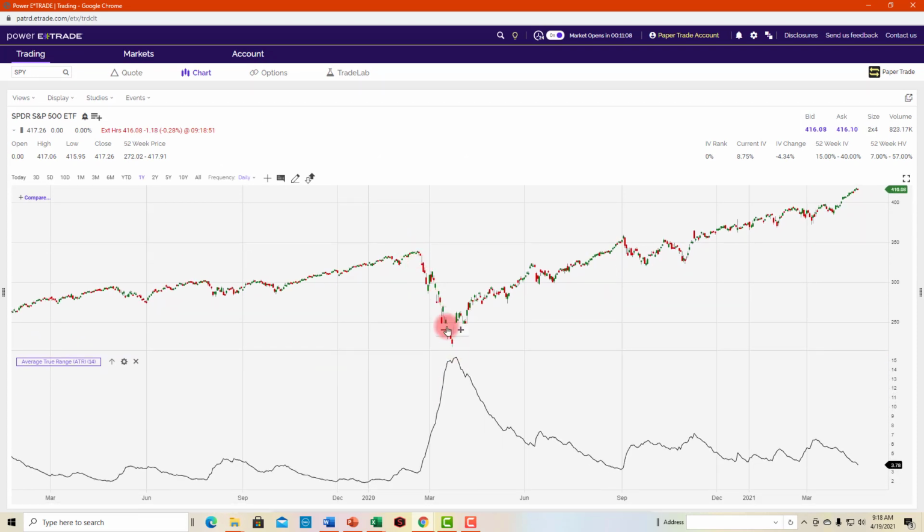So you can see during coronavirus, it was pushing $15 averages. Now, is that big or small? Well, at that time, the price of the index was down around 220 or so. So that's really the way you would need to look at it. But really the better way is to say these were typical averages through here, and now look at this. Can we have some confidence in this breakdown?